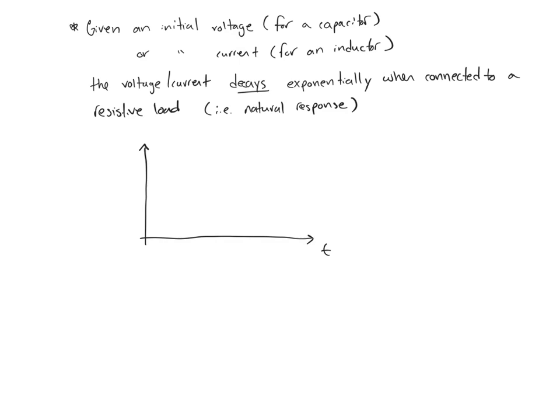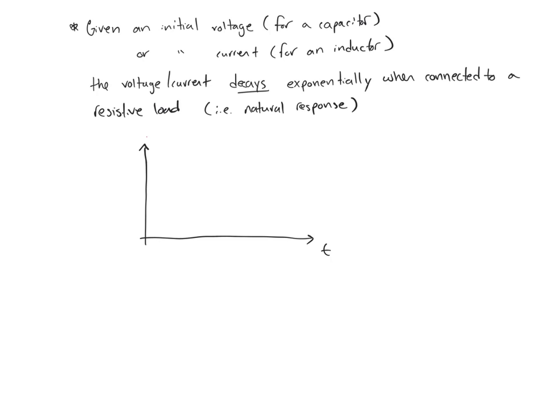So based on that derivation and interpretation of the final equation for the voltage or the current through the RC or RL circuit, we see that given an initial condition, which would be a voltage for the case of a capacitor or the current for the case of the inductor, that voltage or current decays given the e to the -t over tau term, and it decays exponentially when connected to a resistive load. And again, this is what we mean by natural response.